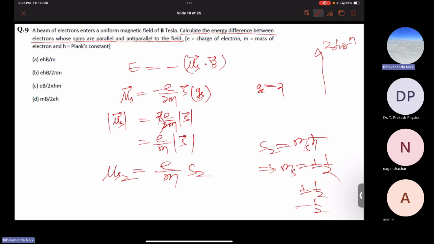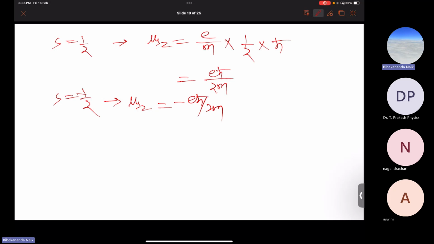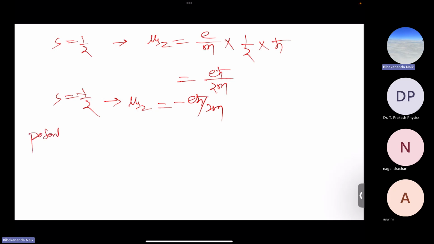Now the question says, calculate the energy difference. The potential energy in a magnetic field is given by E equals minus mu dot B vector, which will be minus mu s z B, because the component along the B vector is mu s z.